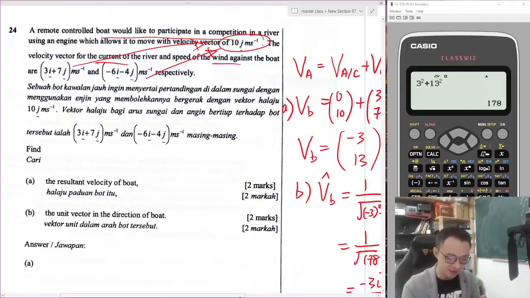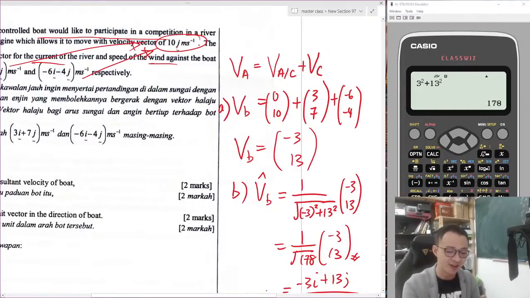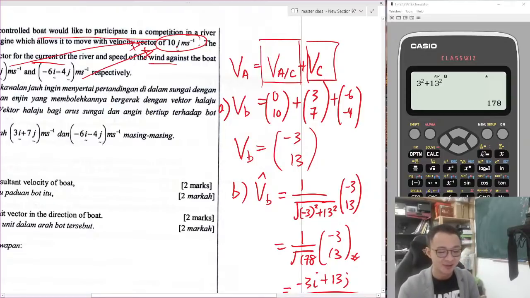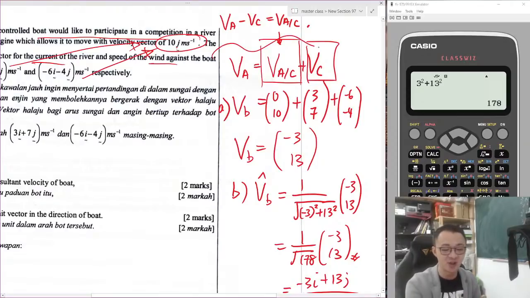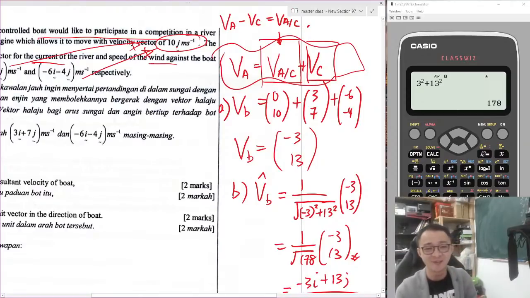But when I learned relative velocity, I actually used the relative velocity plus the current. Unless today they ask to find the relative velocity, then I will use the resultant vector minus the current. Or else I will just do the plus here, because this is the formula for relative velocity.